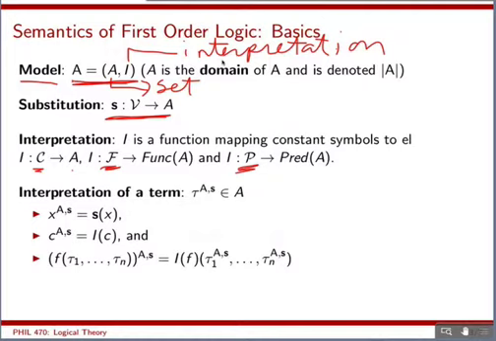So you have tau, and I want to interpret it, and the interpretation is going to be some element in A. And the interpretation is defined recursively as follows. So X is just going to be the element that the substitution, so you need to give both a model and a substitution. So X is just the element assigned to it by the substitution.